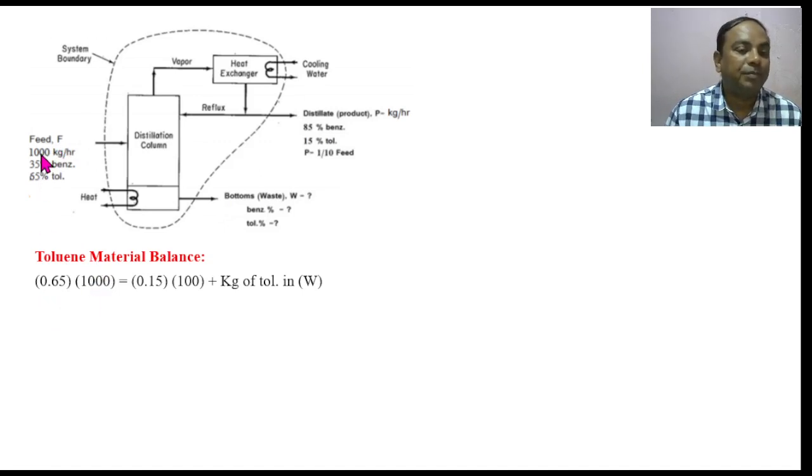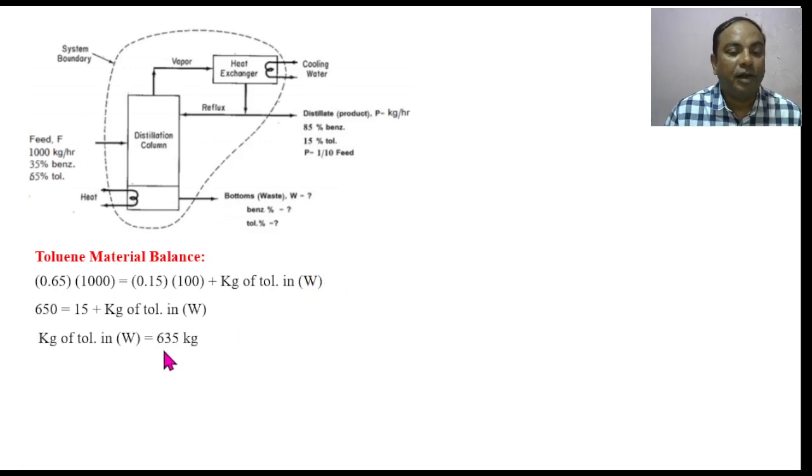This equals the amount of toluene present in the distillate, which is the mass fraction multiplied by the total quantity, plus kg of toluene in the waste, the downstream. This comes out to be 635 kg.